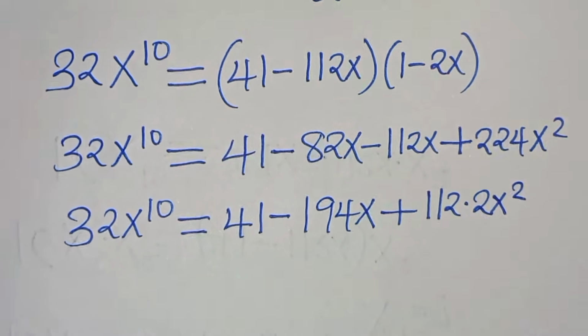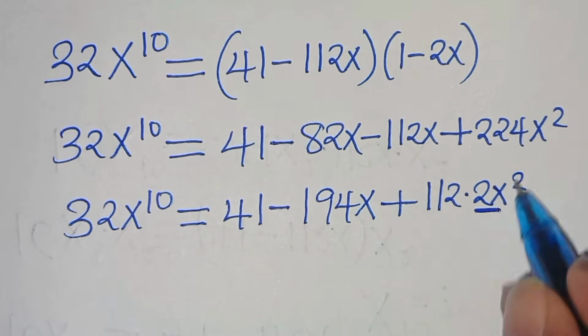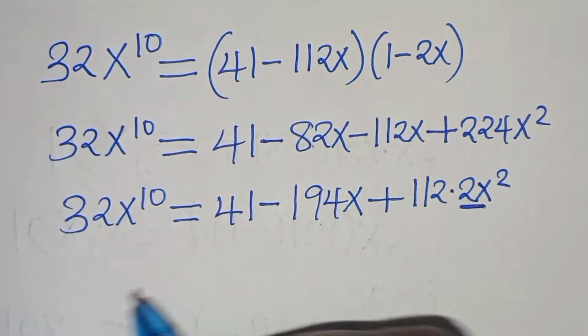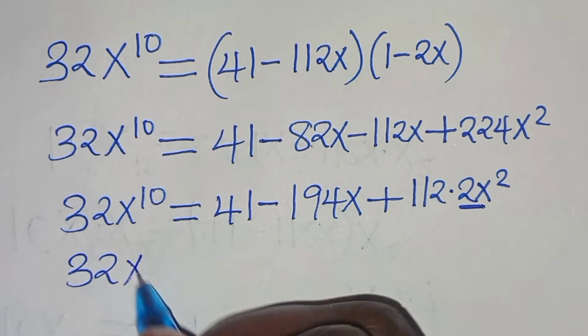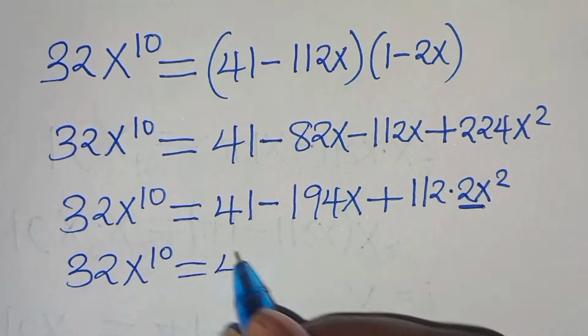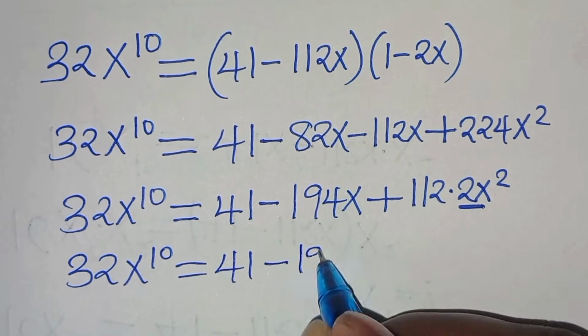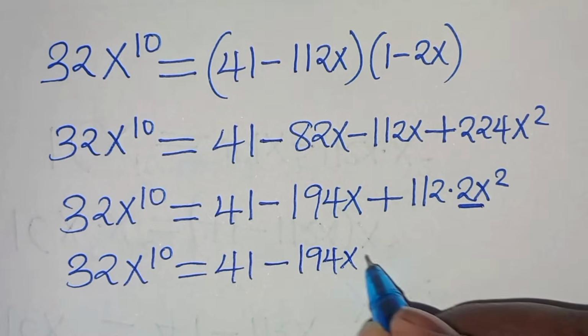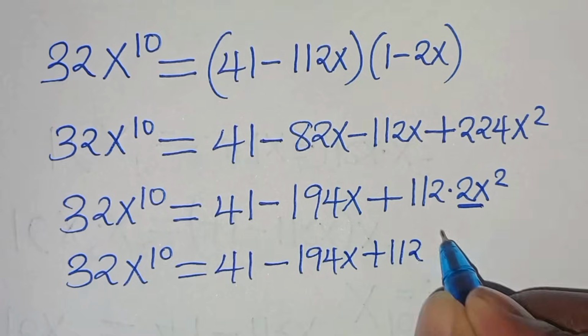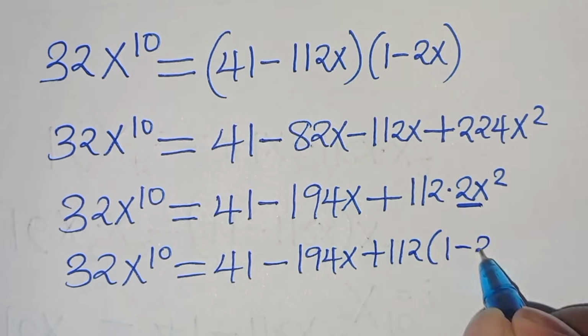We have that 2x squared is 1 minus 2x. So this is 2x to the power of 10, equal to 41 minus 194x plus 112 into the parenthesis 1 minus 2x.